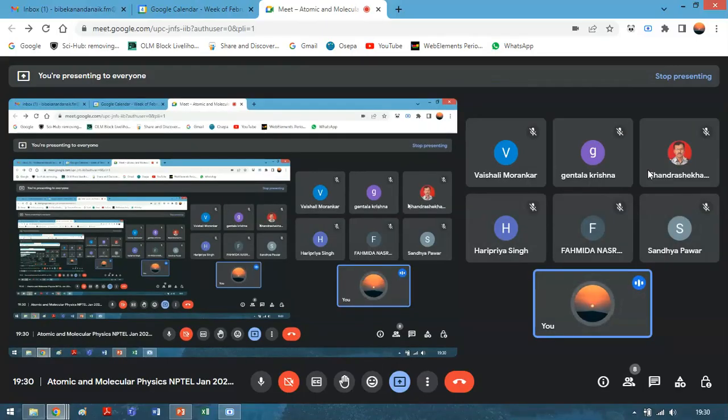So can anyone tell what is the value of g for 2p 3 by 2? I encourage everyone to take part in these discussions, because only when you are involved and discuss will the session be more interactive.